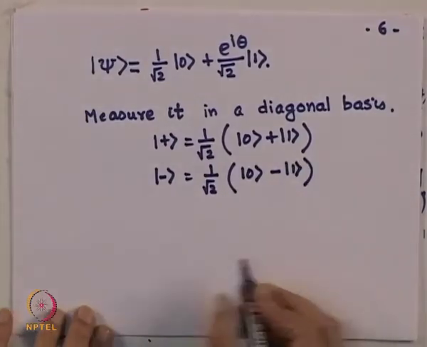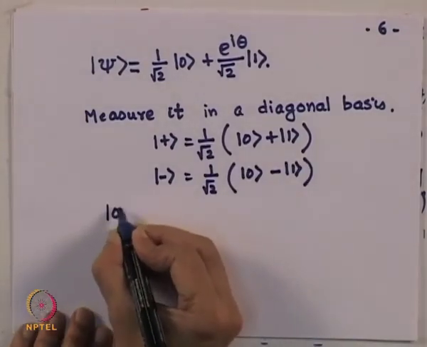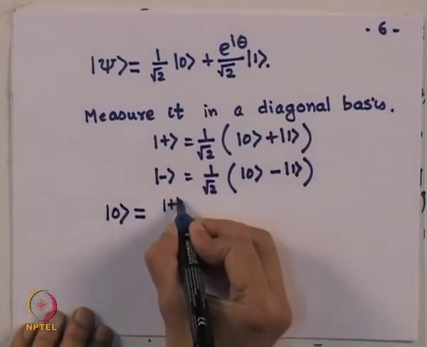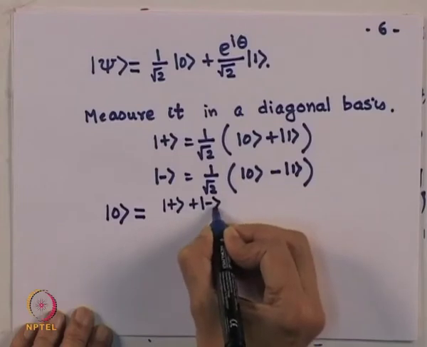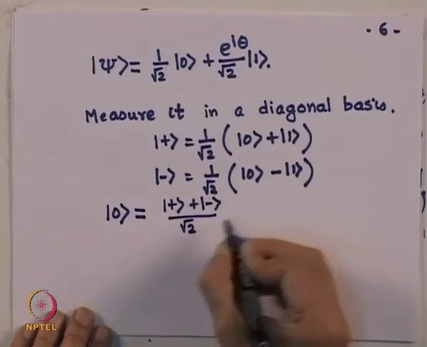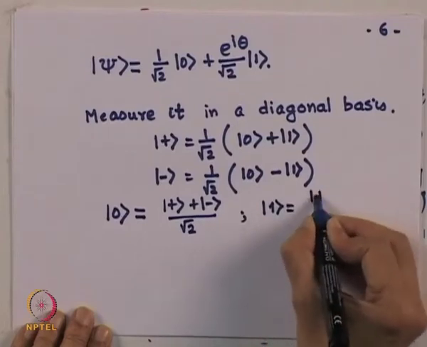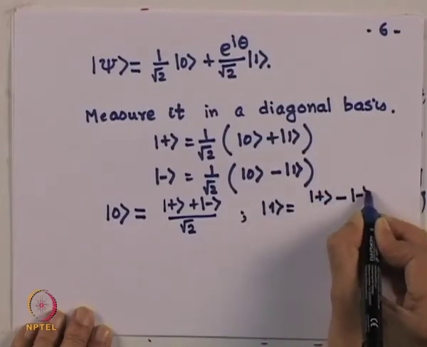If you do a little bit of algebra, this will tell you that |0> can be written as (|+> + |->) by square root of 2, and |1> can be written as (|+> - |->) by square root of 2.